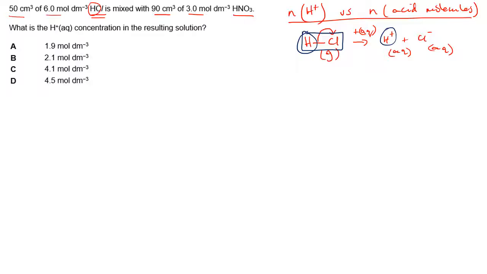If we were to look at nitric acid, that's HNO3. In fact, why don't I just draw it out fully? So we've got a nitrogen with 2 oxygens double bonded and an oxygen with a hydrogen on it.